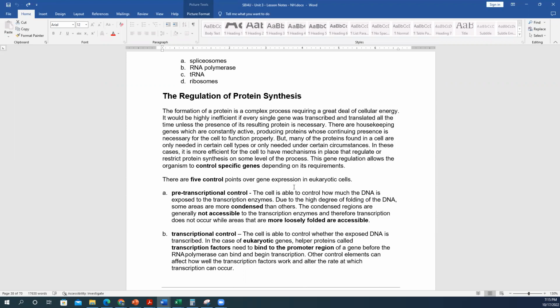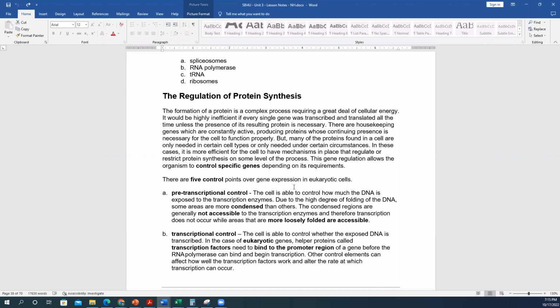So there are some genes called housekeeping genes, and those are the ones that are constantly active and need to be producing proteins that need to be continuously present for the cell to function properly. But many of the proteins that are present in the cell aren't necessarily needed all the time. They're only needed at certain times, in certain cell types, or under certain circumstances.